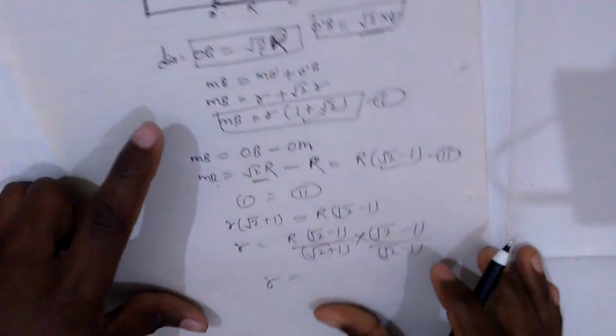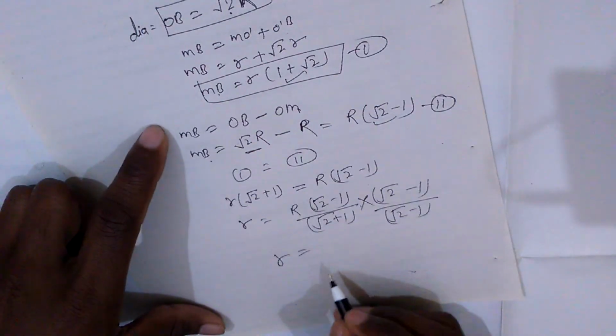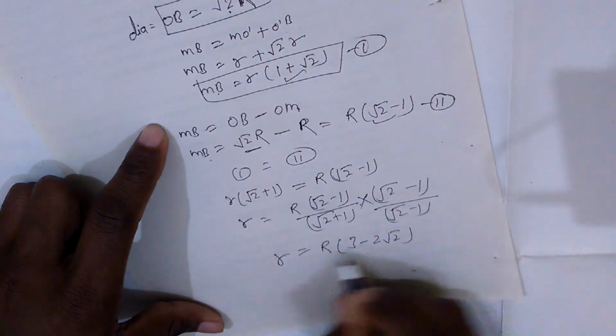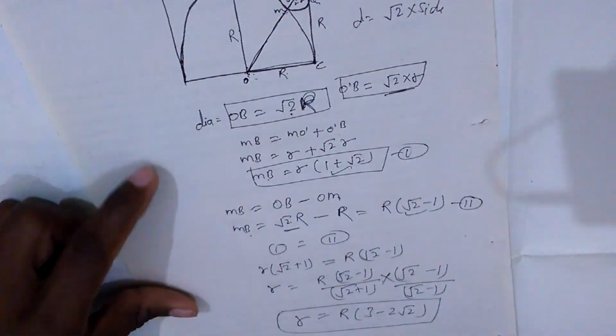So you got small r equals to capital R 3 minus 2 root 2. This is the value of the small radius of this circle.